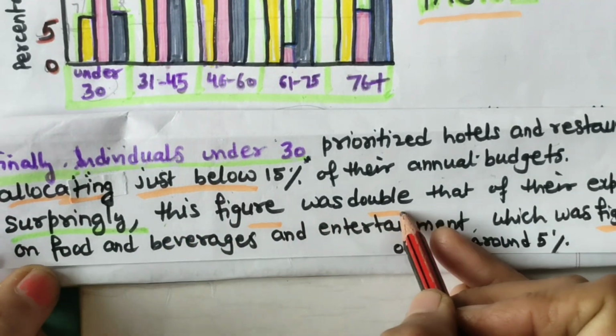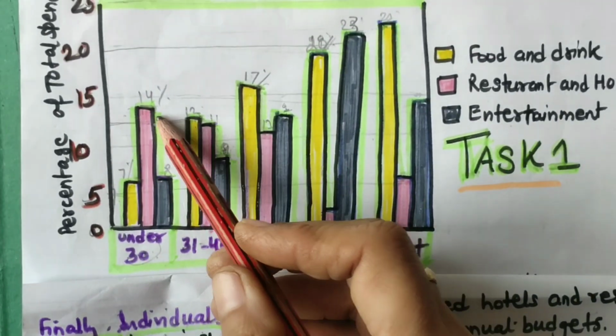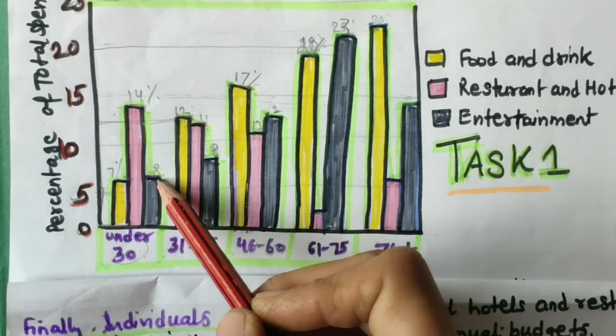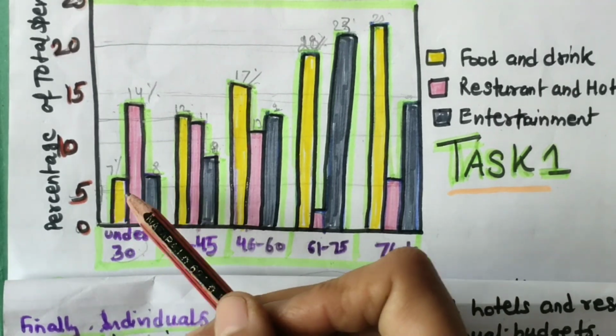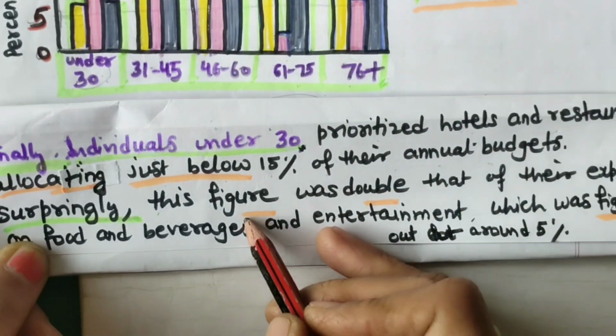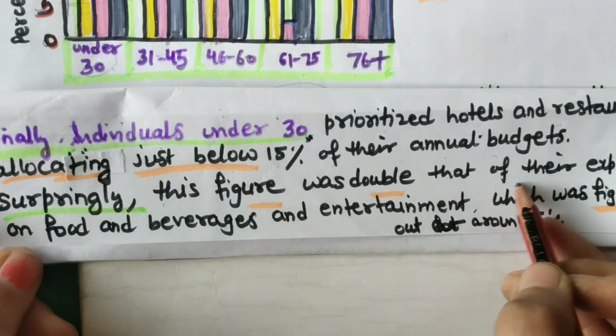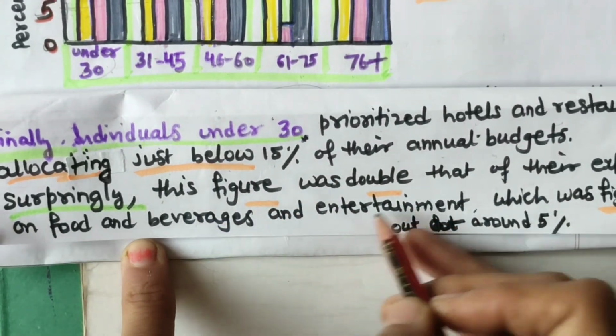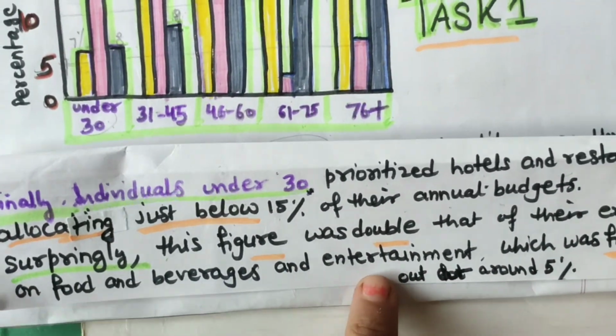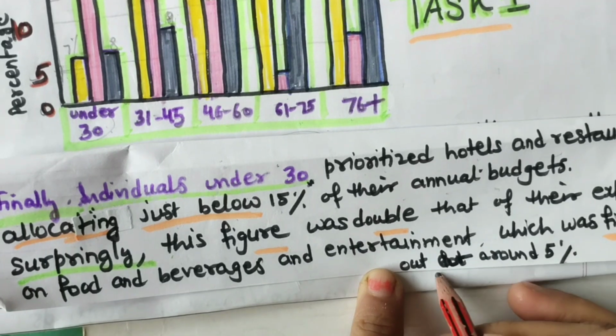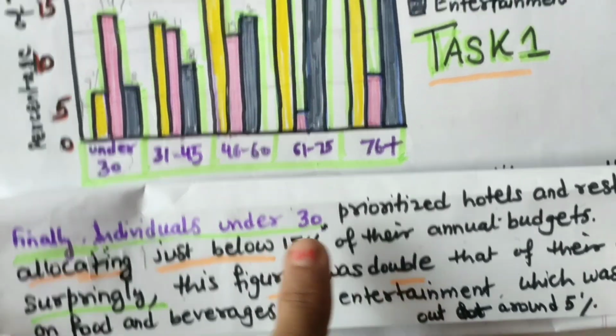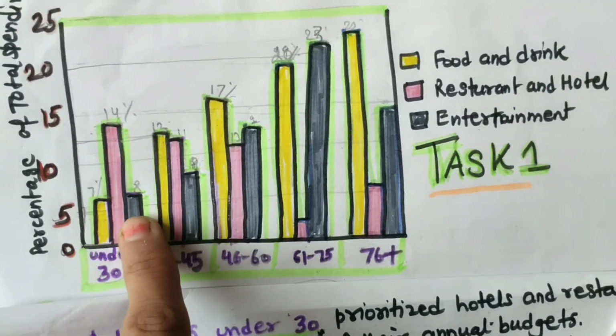Surprisingly, this figure was double. This figure was double 7 and 8, which is around 15. So this figure was double that of their expenditure on food and beverages and entertainment, which was around 5%.